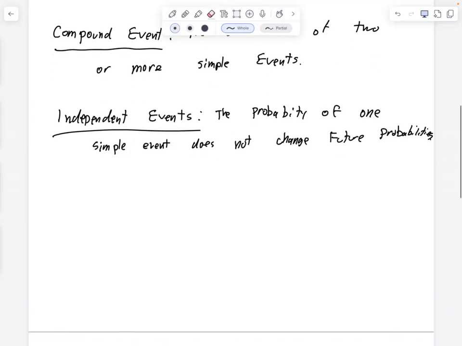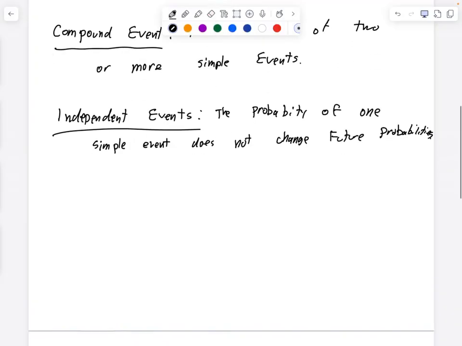We flip a coin, and again, I'm just adding what we did in our do now into our notes. We flip a coin 2 times. Well, now we have a compound event.